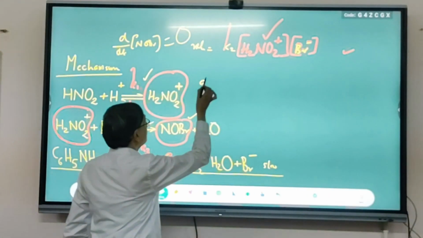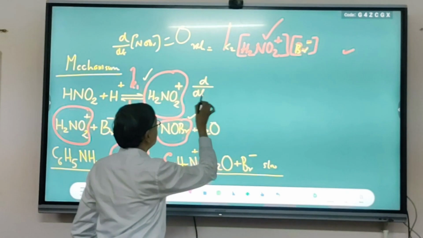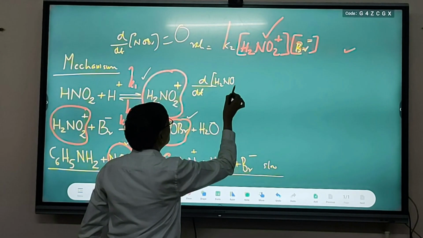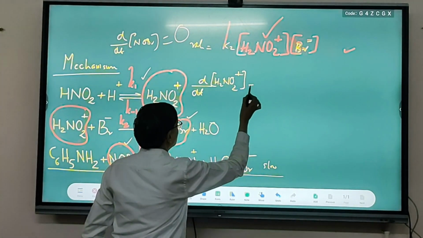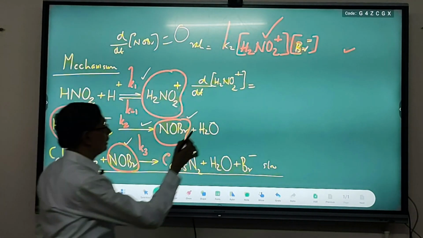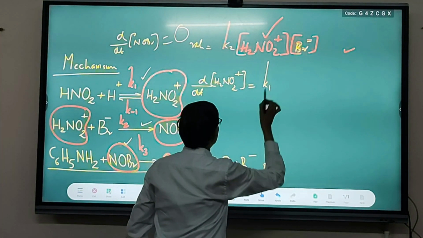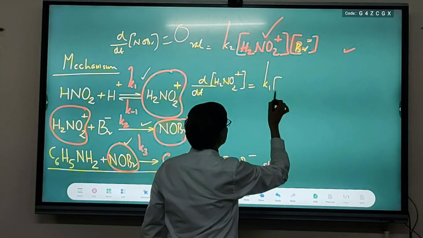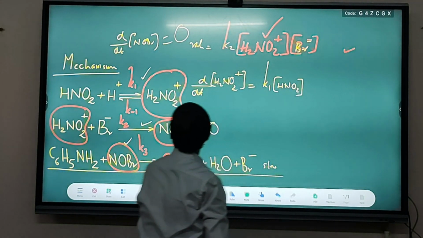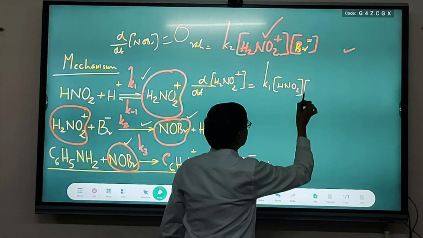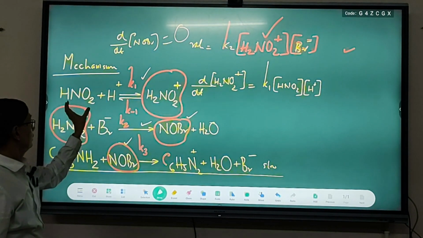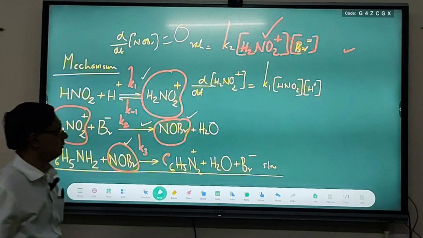So I can write d by dt of H2NO2+ is equal to, because this is the intermediate, first it is produced, so I can write K1 HNO2 and H+. Because it is produced, therefore it is positive.